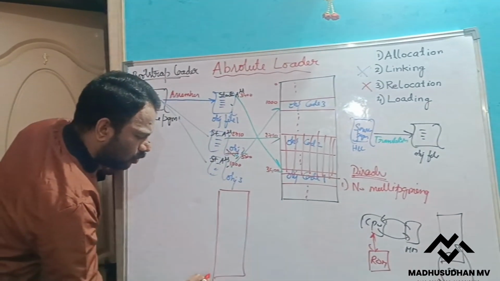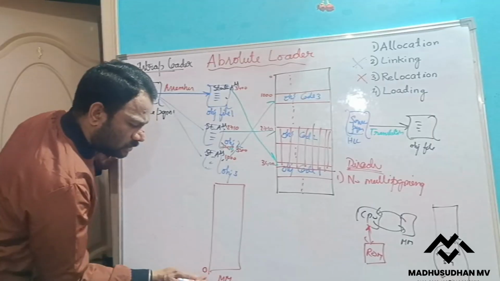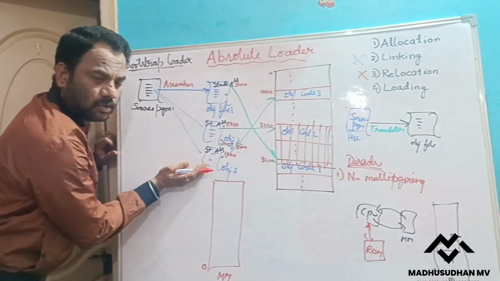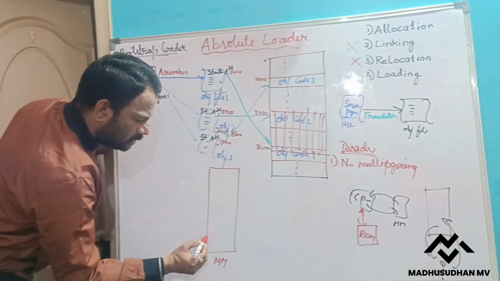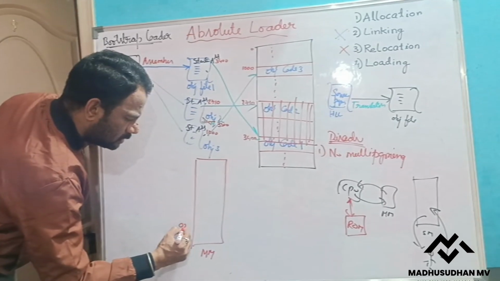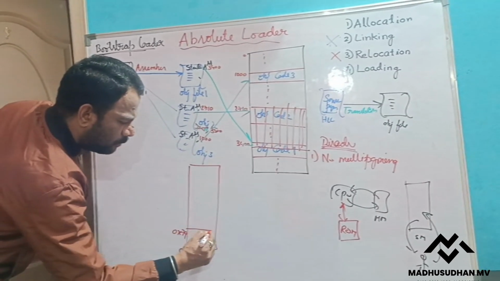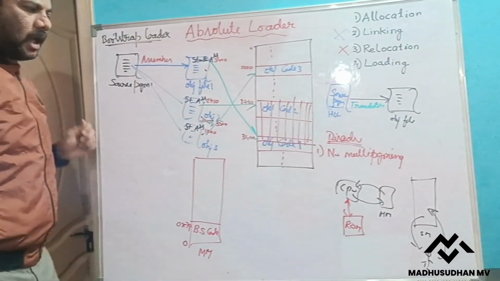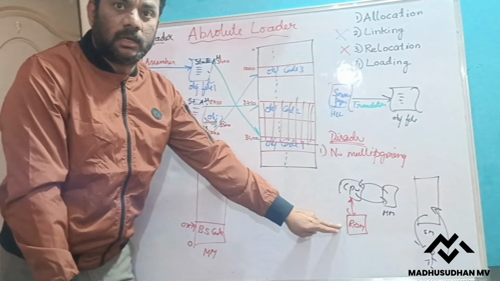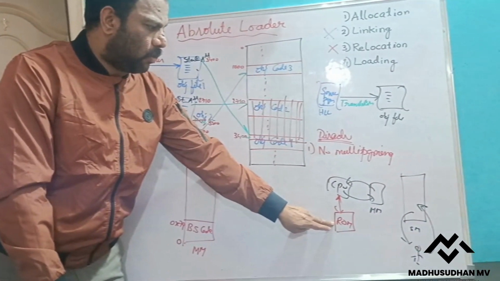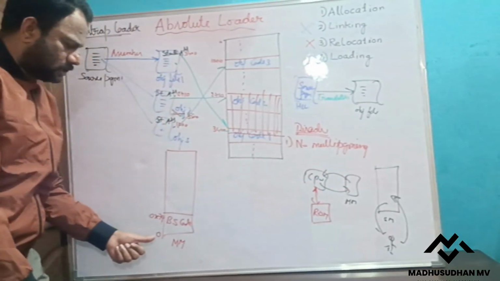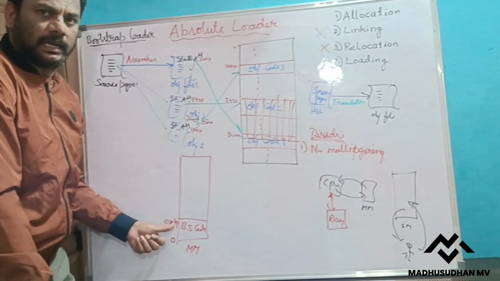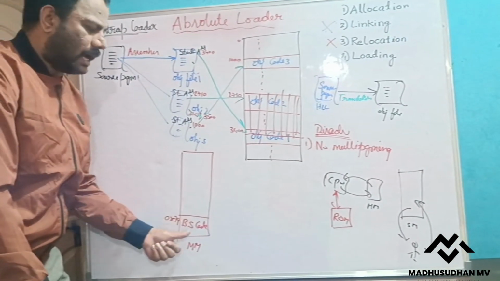Assume the addresses go 0, 1, 2, 3 like this. The bootstrap code will be loaded into the main memory from address 0 up to hexadecimal 79, and it will run.